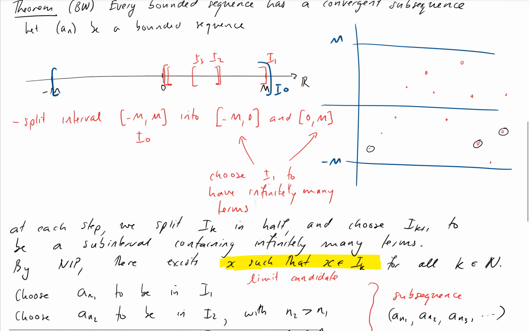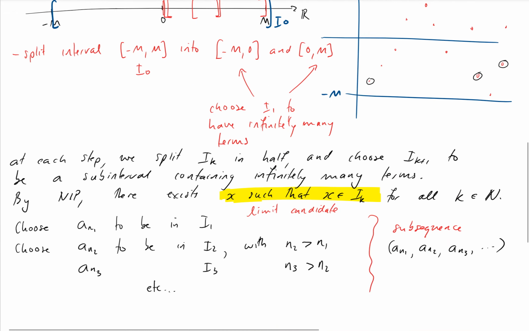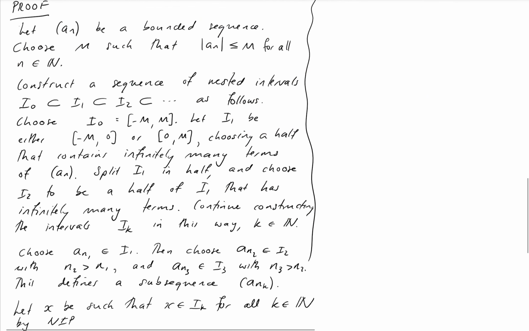Okay, so perhaps we should write a slightly tidier argument as to how this all goes. So I'm just going to put that up really quickly. Okay, to spare you having to watch me do it, I just wrote down what we've done so far in slightly more structured language. So we started off by defining ourselves a bounded sequence. That in turn let us choose an upper bound, which is good. Then we construct a sequence of intervals, that's this part here.